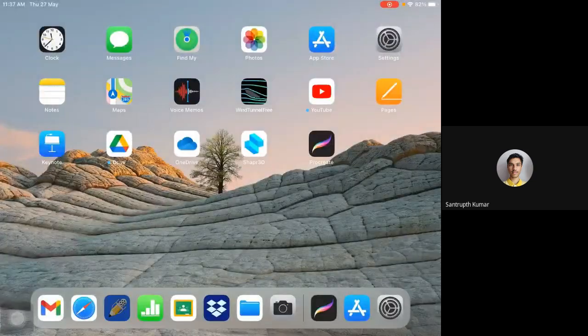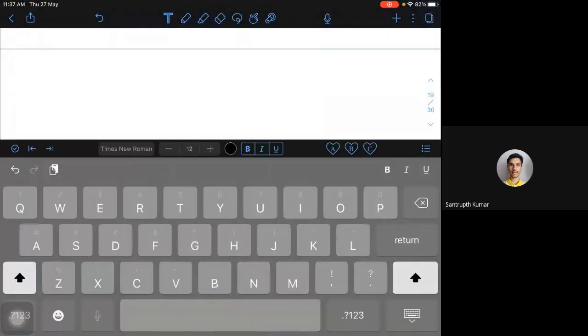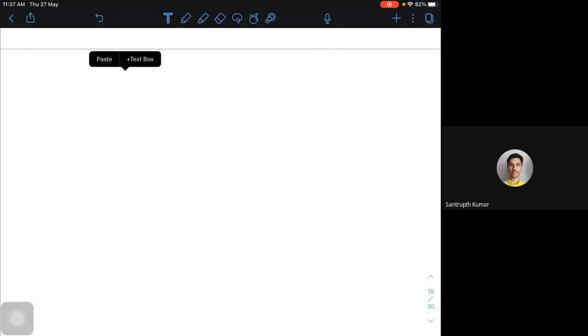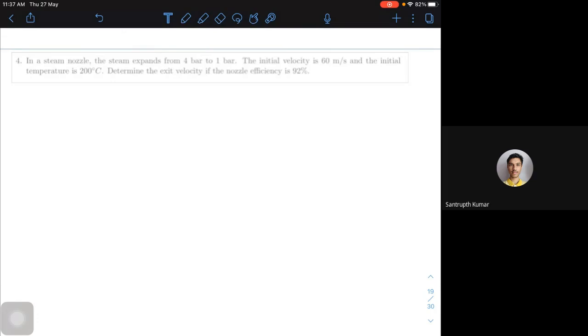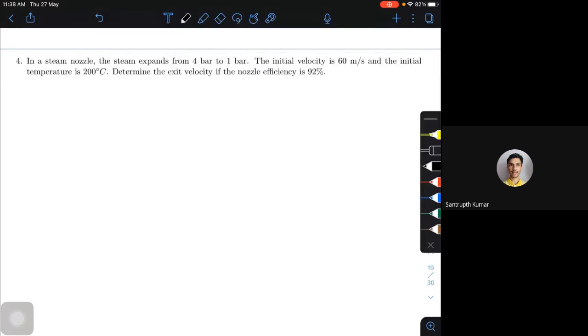This is the problem statement. In a steam nozzle, the steam expands from 4 bar to 1 bar. The initial velocity is 60 meters per second and the initial temperature is 200 degrees Celsius.